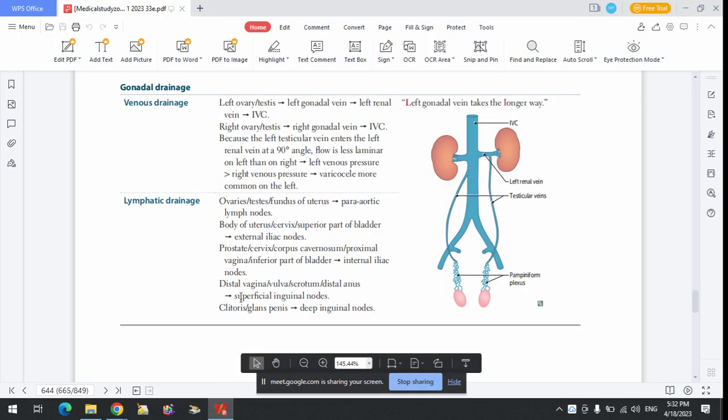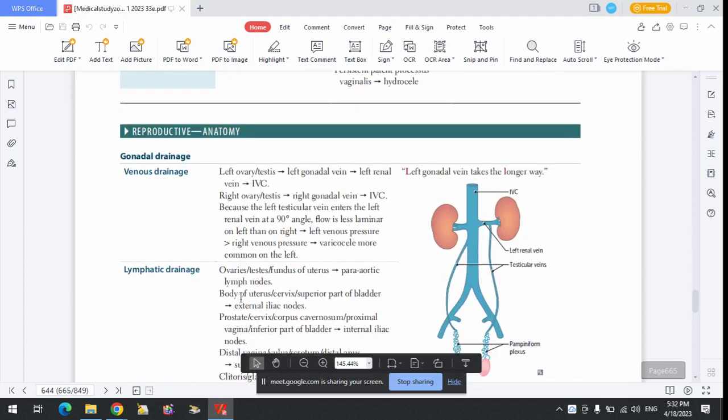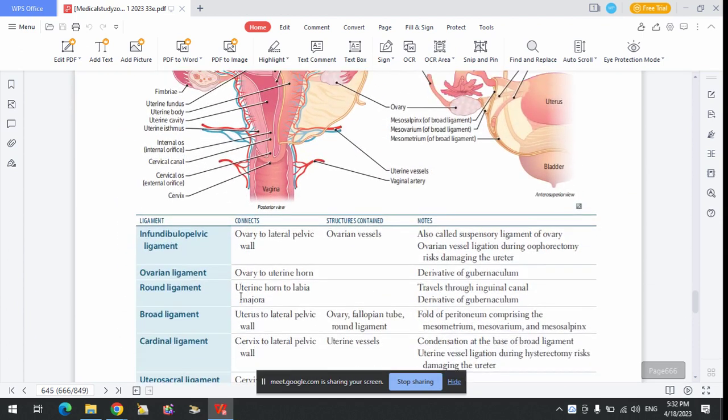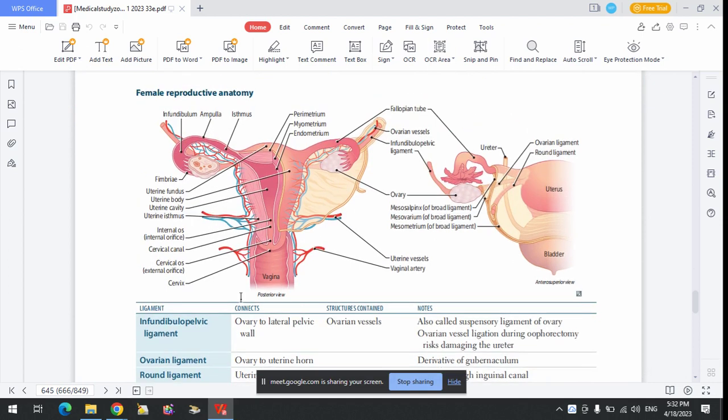Okay, so let me move to the female reproductive anatomy. This is the way the female reproductive tract looks. You can see the fallopian tubes, the ovary, the body. This is the fundus of the uterus, the topmost part. This is the body.